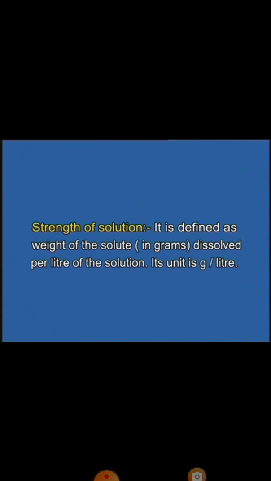Strength of solution is defined as the weight of the solute in grams dissolved per liter of the solution. Its unit is gram per liter.